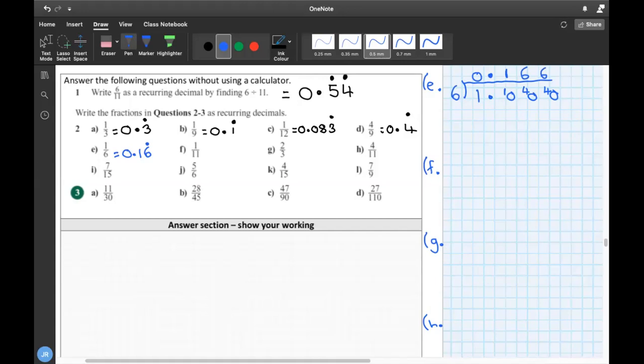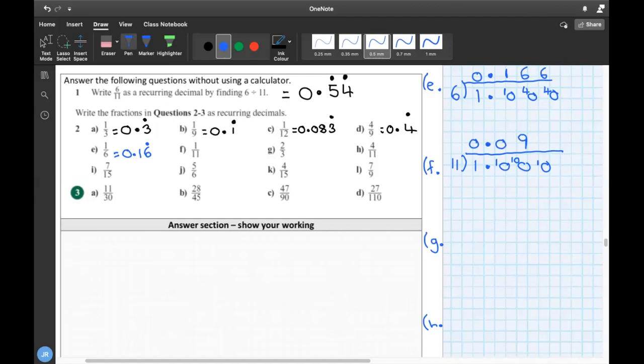F, 1/11. So we're doing 1 divided by 11. How many 11s fit into 1? None. How many 11s fit into 10? None as well. So we need to carry that 10 over, and we're now on 100. How many 11s fit into 100? Well, 11 times 9 gets us very close to 99.